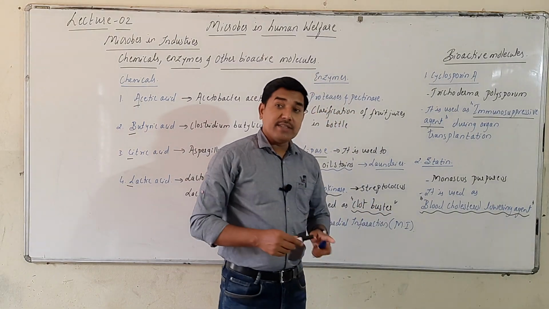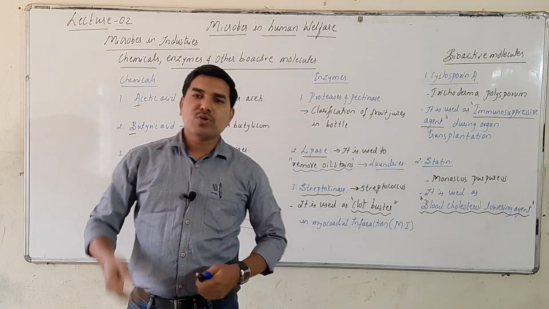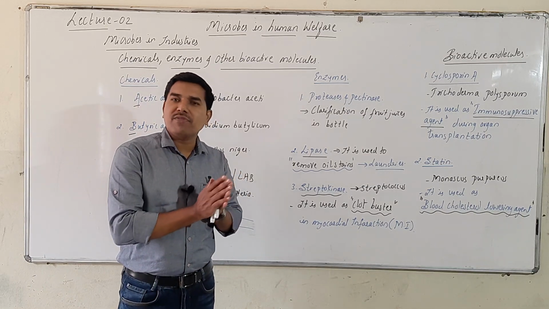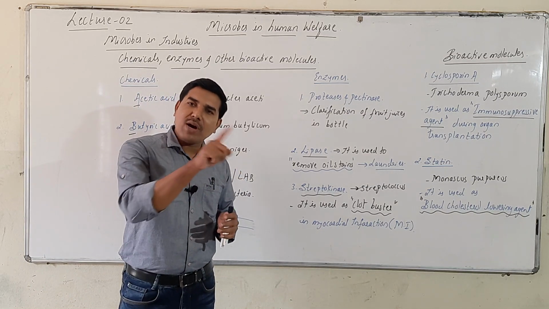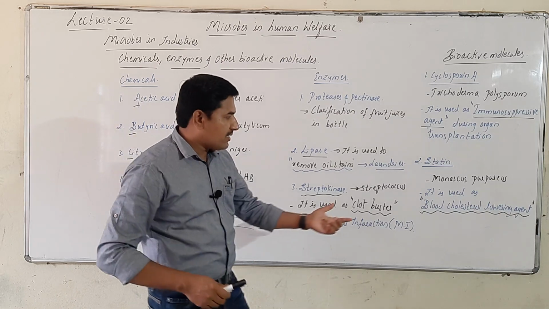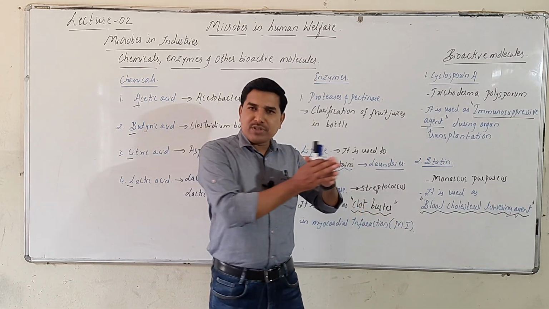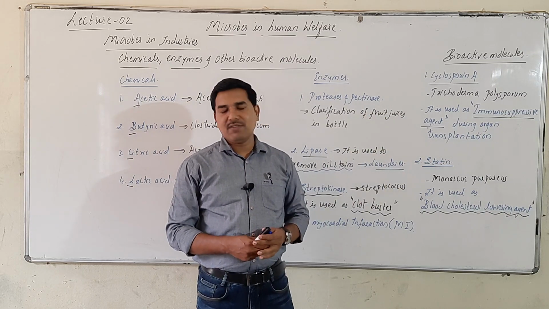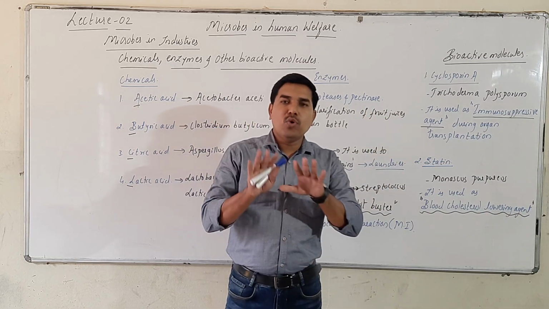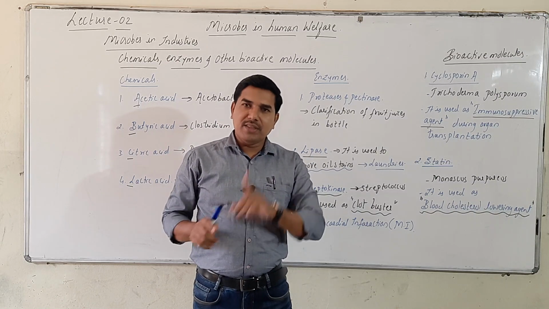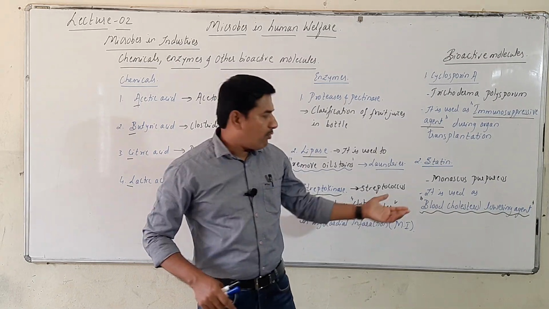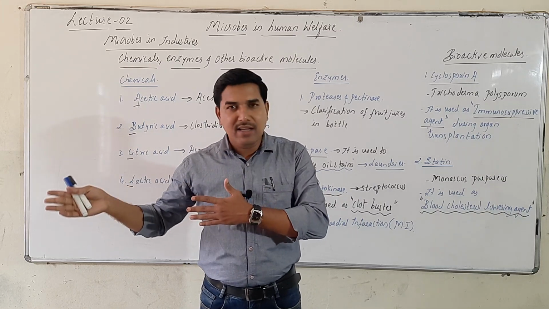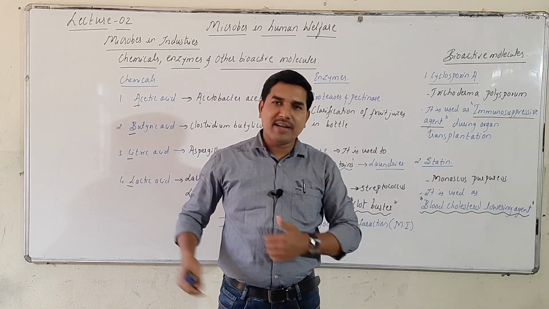Statin. Suppose if the cholesterol level goes on increasing in our blood, what will happen? It leads to blockage of the blood vessels, leading to heart attack and death. As a result, as the age proceeds, almost doctors will suggest for the aged persons as well as for the MI patients that don't consume more cholesterol. This is because if cholesterol concentration increases, chance of heart attack is high, risk of heart attack is high.